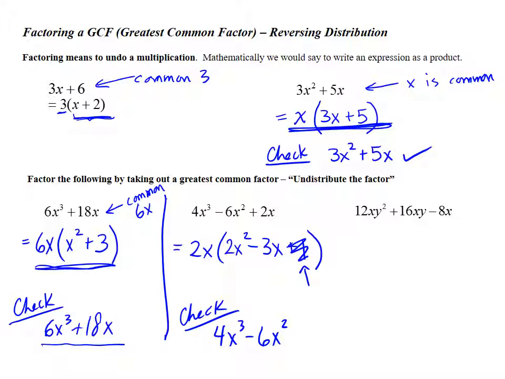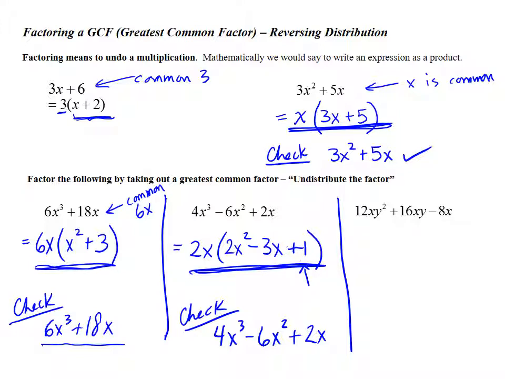So I do need that positive 1 there, because anything divided by itself is a positive 1. So I do have to have this in order to get it to distribute correctly. So there's that 2x, and now it matches up. So don't forget, anything divided by itself is 1.